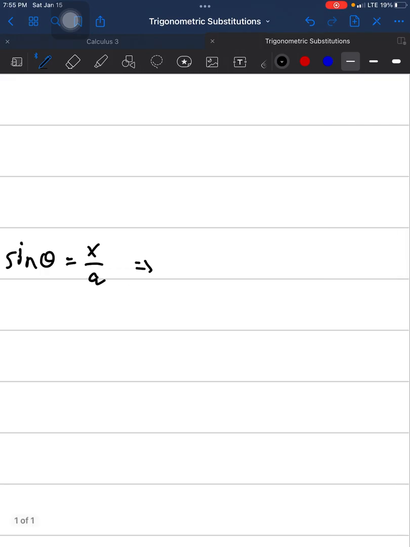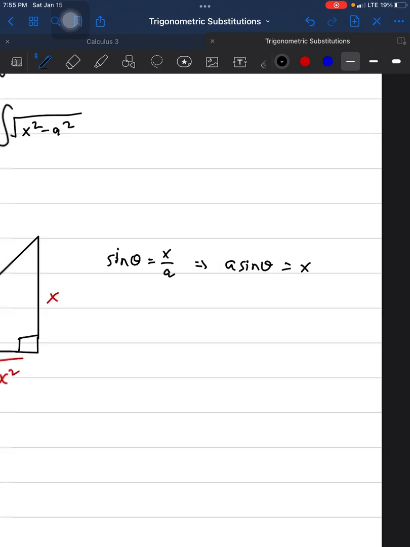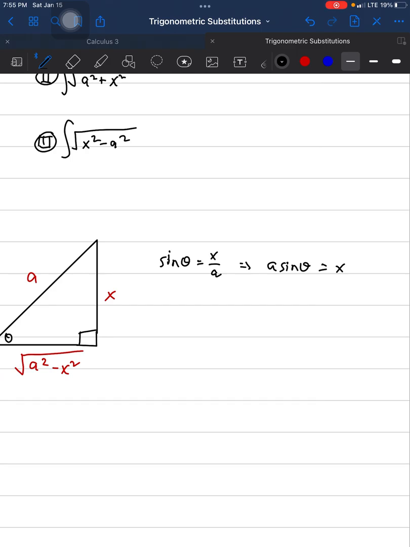Then we can rearrange this equation to solve for x, so we get a sine theta is equal to x.